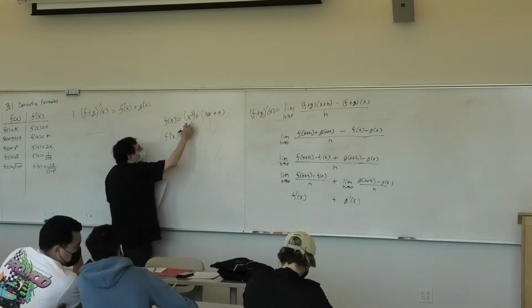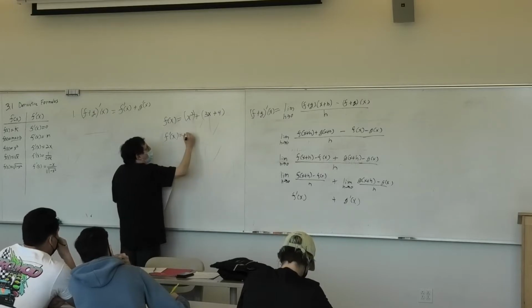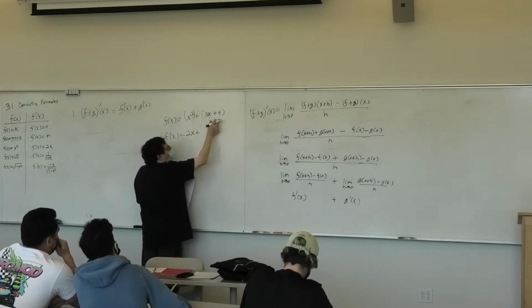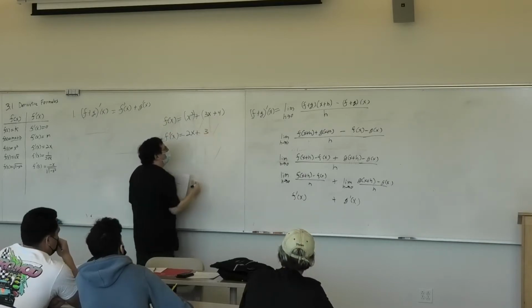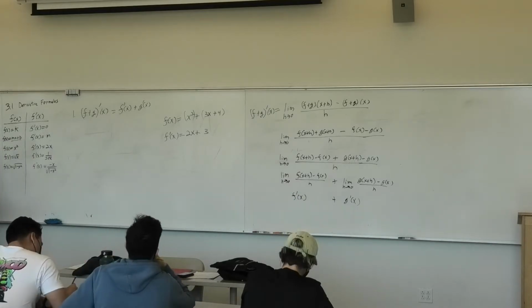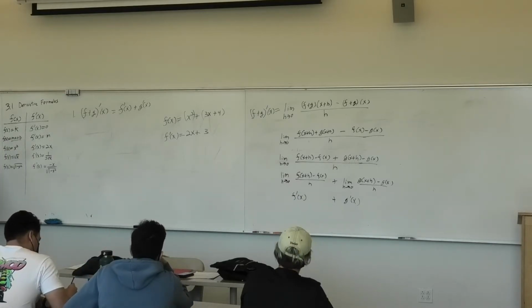The derivative is just going to be the derivative of x squared, that's 2x, plus the derivative of 3x plus 4, that's a line, that's 3. So that's how you can use this formula. Whenever you have a sum you want to find the derivative of, you can find the derivative separately of each term.